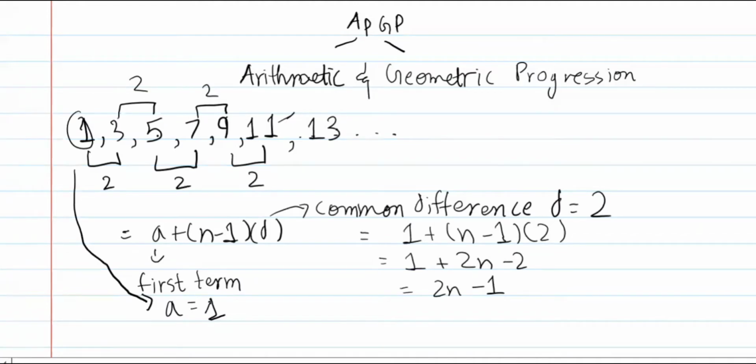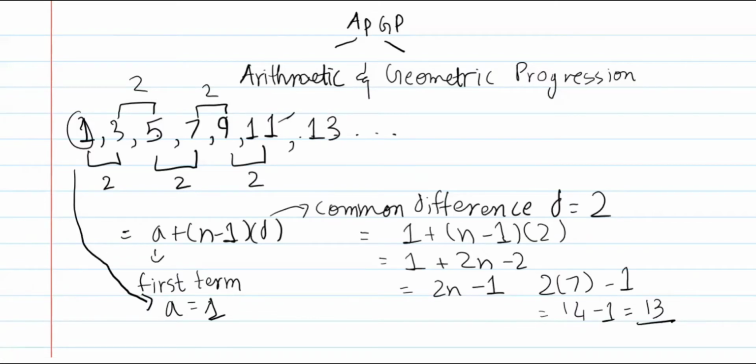Okay. So now let's check if our formula works. So our seventh term was 13. Now let's replace n with 7. 2 into 7 is 14 minus 1 and we get the answer 13. So you can see that this formula works. Now you can use this formula to find any term.